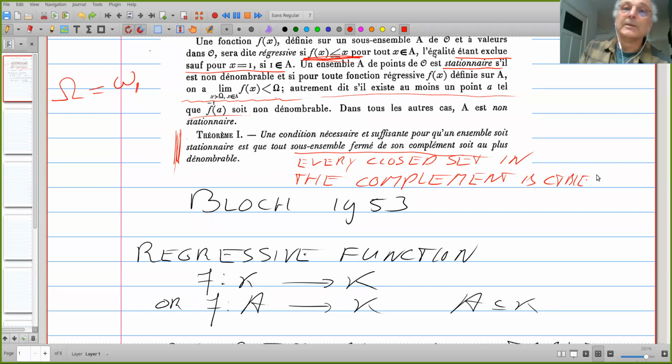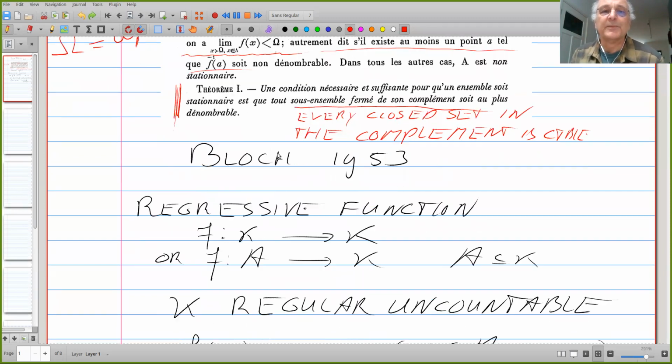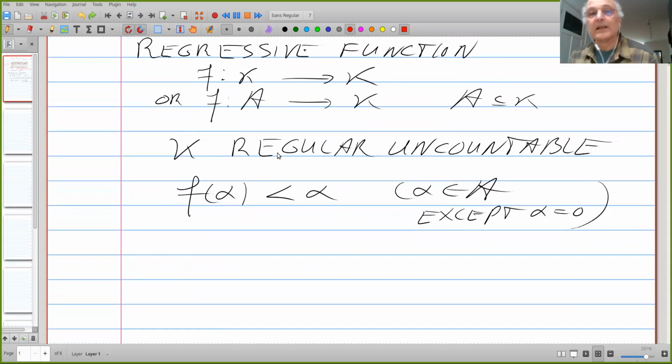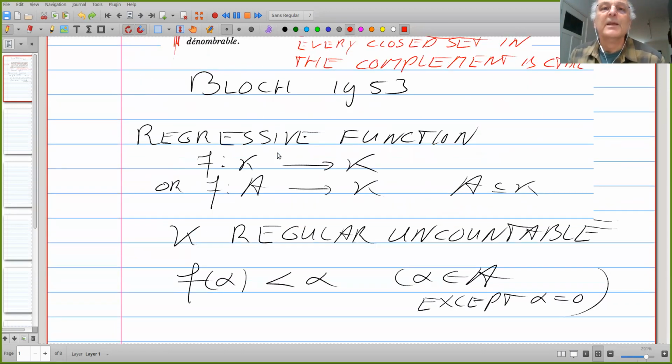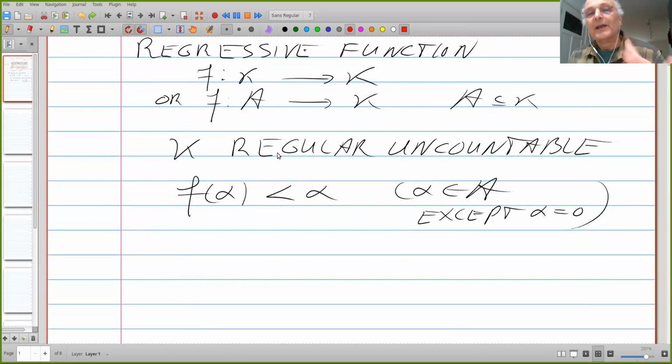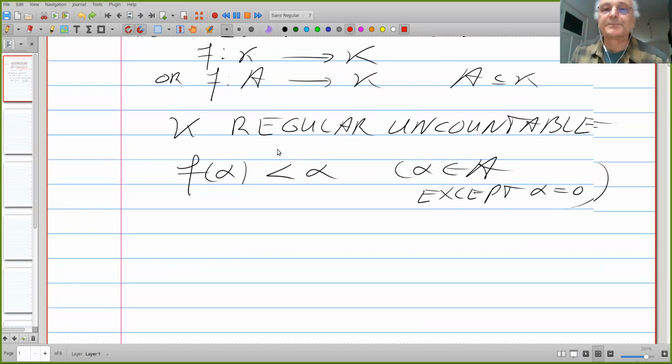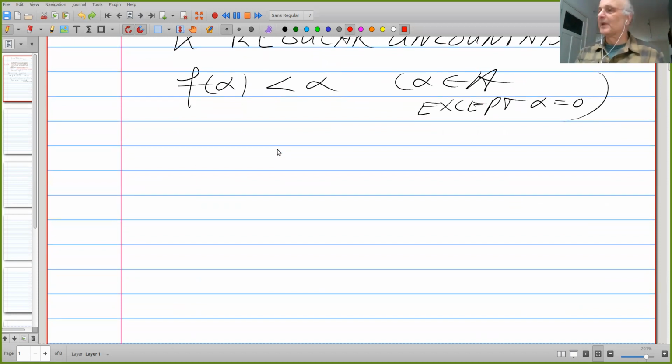Okay. What does that mean, closed? And that is what I'm going to talk about today for the first part of the lecture. What are those closed sets and what can we do with them? And then I'll define stationary, and then Bloch's theorem will come back, but in a stronger version. We will see that towards the end of the first hour or in the beginning of the second.